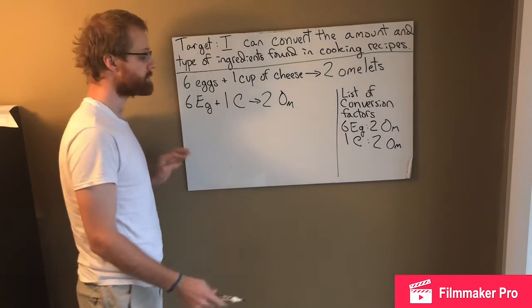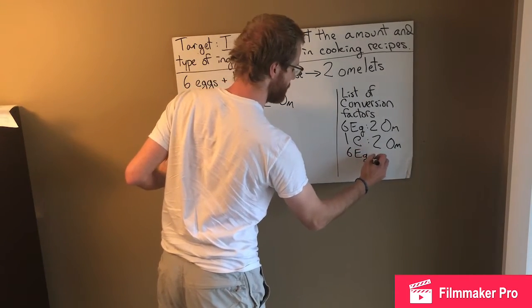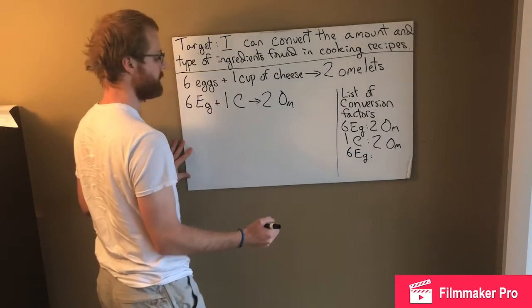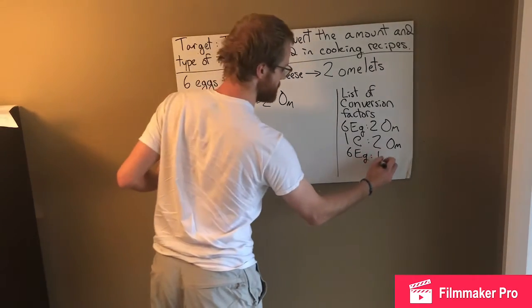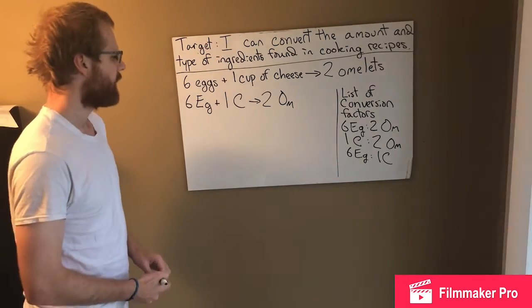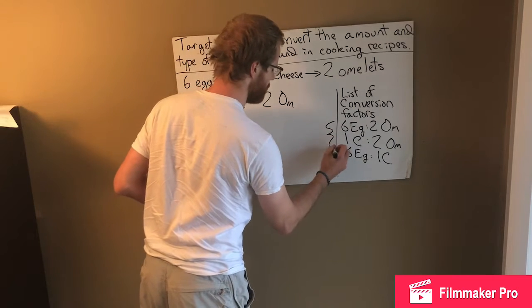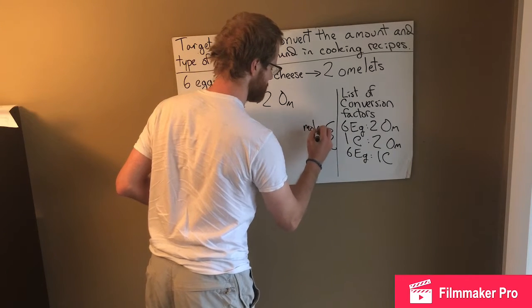So that's a conversion factor as well. 6 eggs, and that is going to be 1C. Cool. All right. These are what we would refer to as mole ratios.